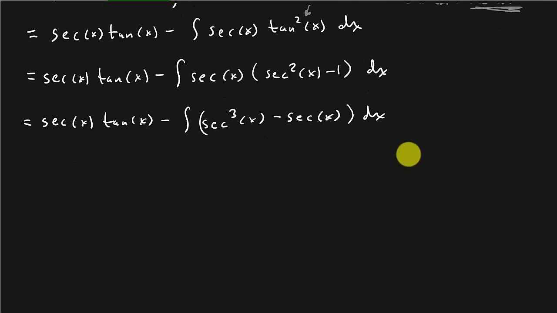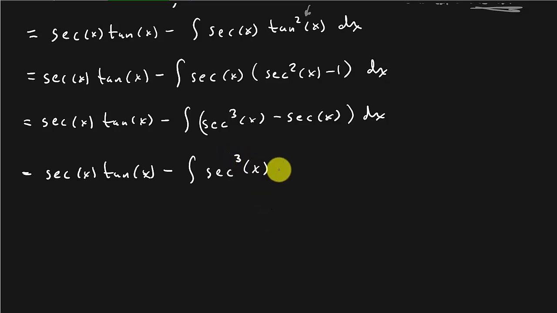But let's do this. Now let's write this as secant x tangent x minus the integral of secant cubed x dx plus the integral of secant x dx.